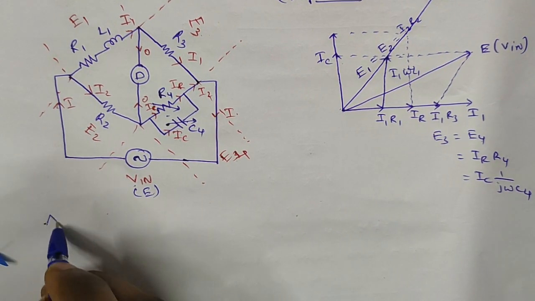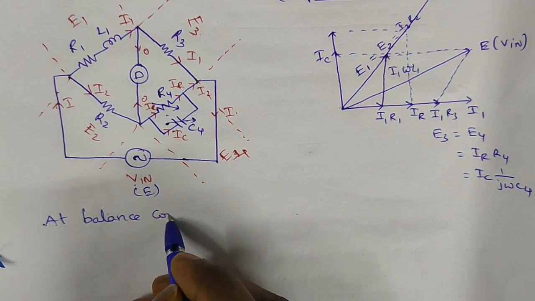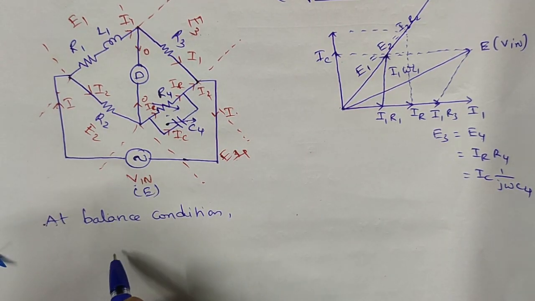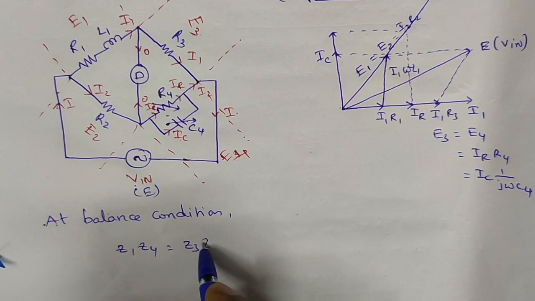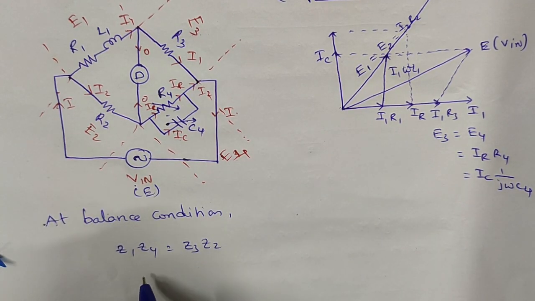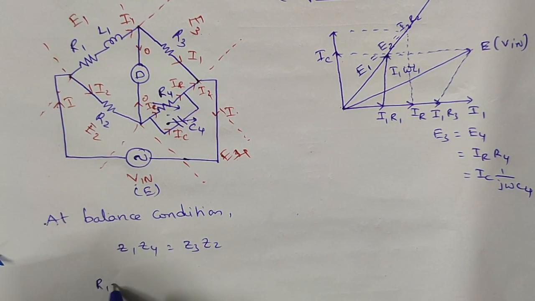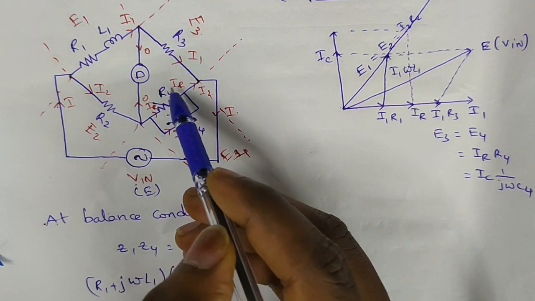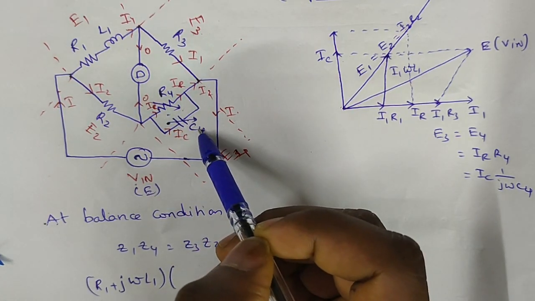At bridge balance condition, Z1 Z4 is equal to Z3 Z2. That means Z1 is R1 plus j omega L1. Z4 is R4 in parallel with C4.